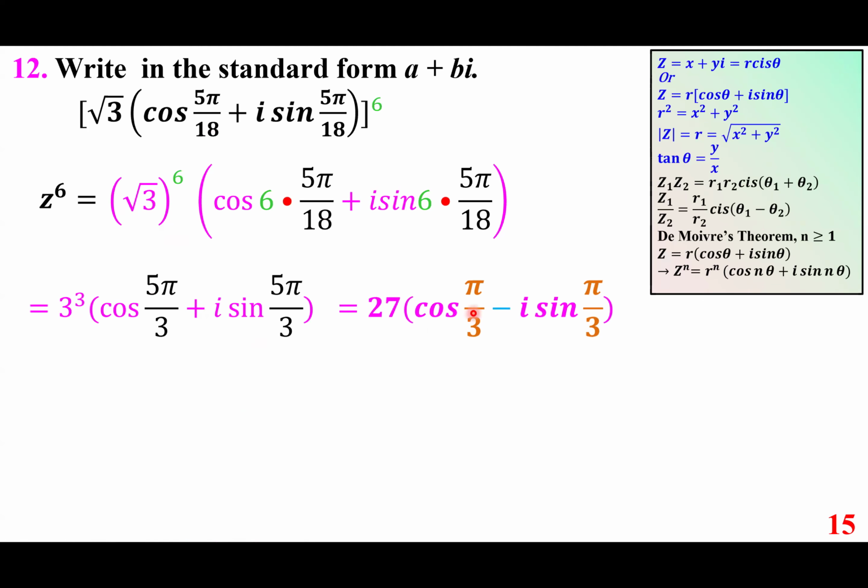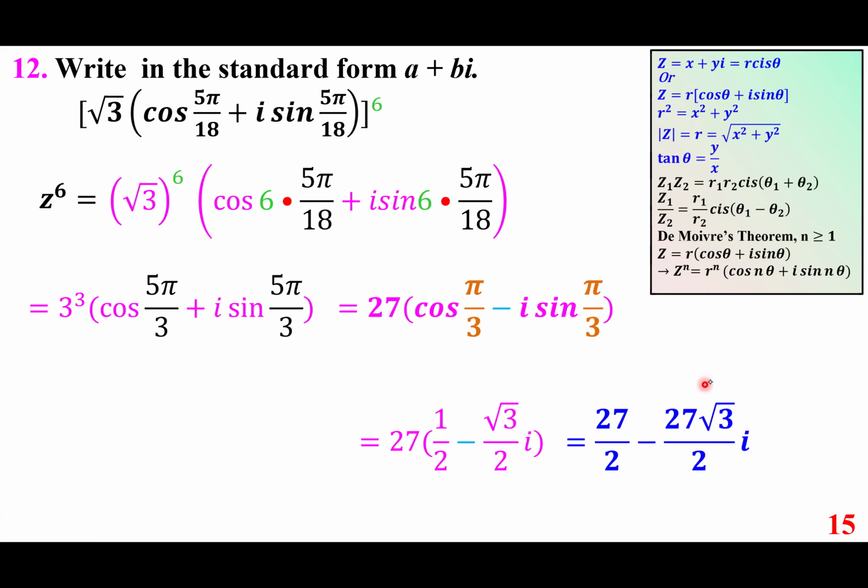So we change the plus to minus. Okay, everyone? This is 1/2, and this is square root of 3 over 2. So 27 times 1/2 minus square root of 3 over 2 i. We multiply the 27, we get 27 halves minus 27 square root of 3 over 2 i.